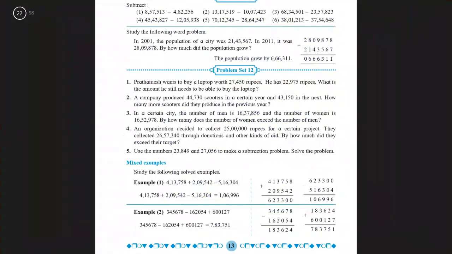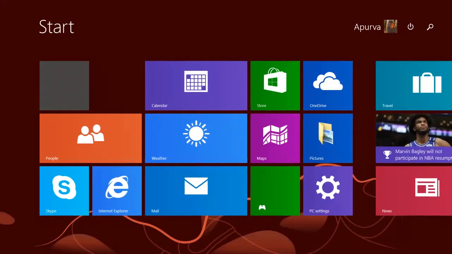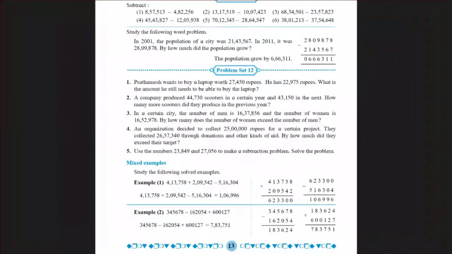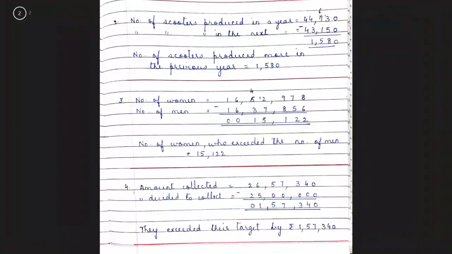We go to this next question. Question number 2. A company produced 44,730 scooters in a certain year and 43,150 in the next. How many more scooters did they produce the previous year? So the first year they have produced more scooters than the second. You have to find out how many more scooters have they produced in the first year when compared to the second.